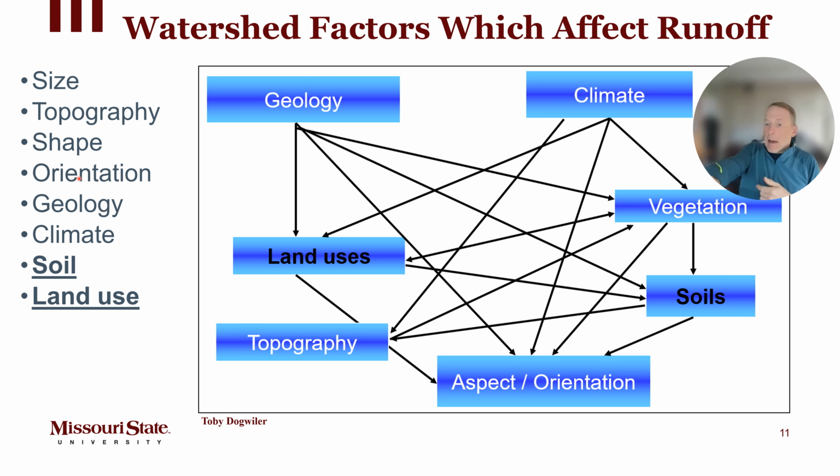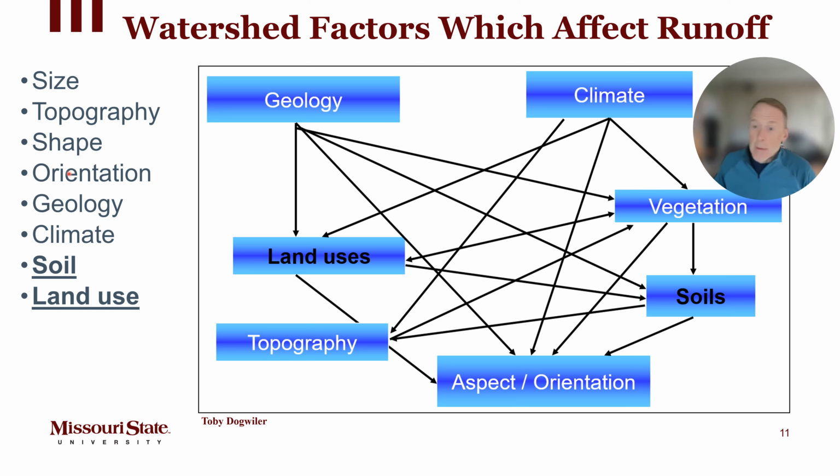But with a north-south oriented watershed, the amount of time where the rain is falling directly onto the watershed is smaller. So orientation can matter.